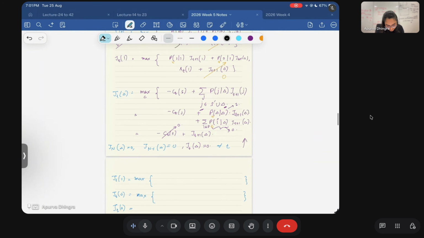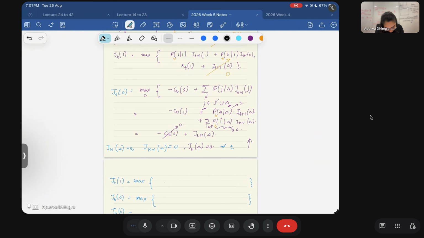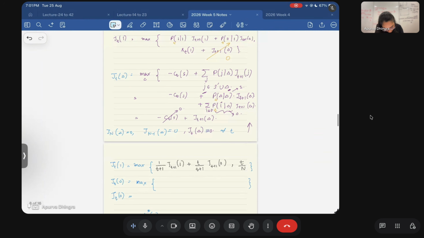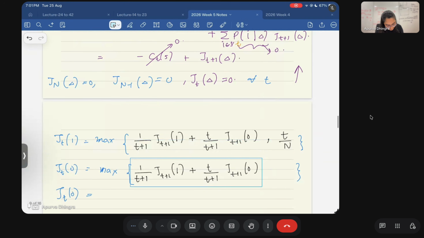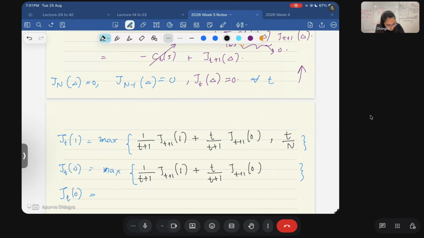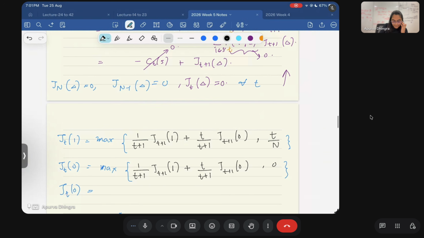Okay, so let's write what was RT of 1, that was t by n, versus for the other one, this object is exactly the same, comma 0.